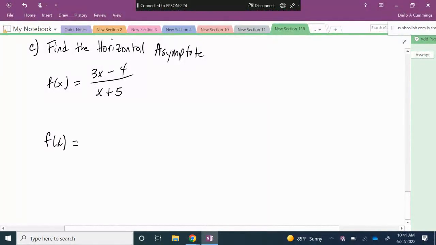All right, so I'm going to bring down f of x. I'm going to divide 3x by x. I'm going to divide 4 by x. In the denominator, I'm going to divide x by x and 5 by x.